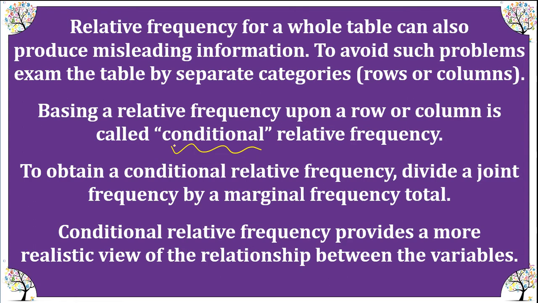That way we are being more specific, and it's called conditional relative frequency. The way we're going to get our percentage is we're going to divide a joint by a marginal frequency.